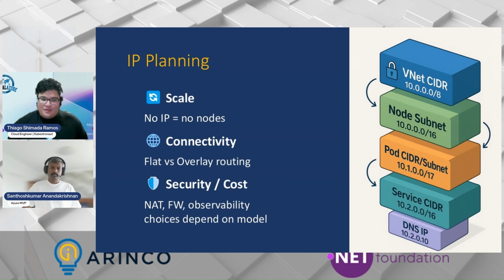Otherwise, you will need to overlay your network, and that can create some overhead in performance. So it's really important to spend a few minutes to plan how you will have your network for your VNet, your node, your pod, and then once you have all this planning, you can select what model of network you can have. So when you are ready, I send it back to you, Santosh.